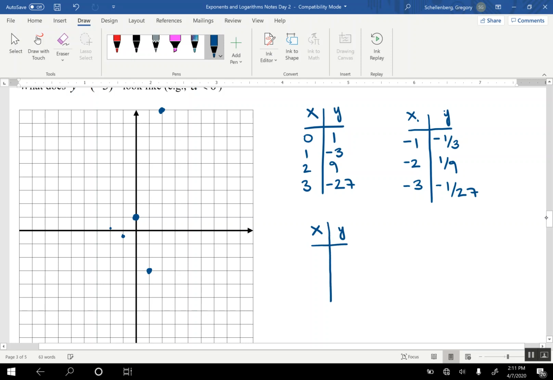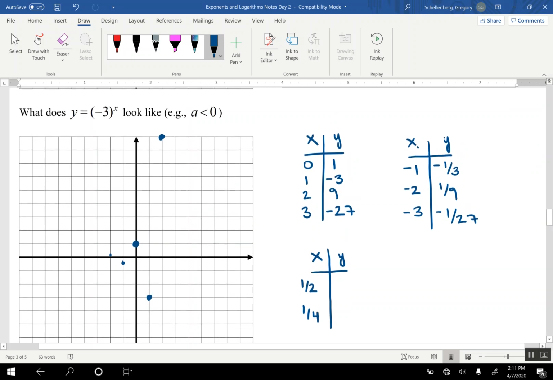Let's say that x was, say, 1/2, or 1 over 4. Well, you might be thinking to yourself, if our exponent is 1/2, then really what we're doing is this. Negative 3 raised to the power of 1/2 is the square root of negative 3.